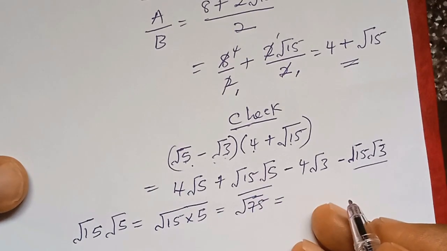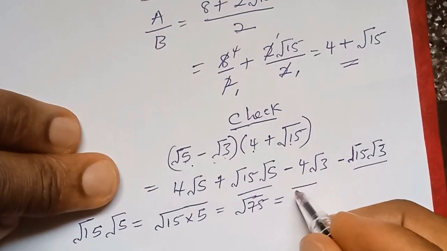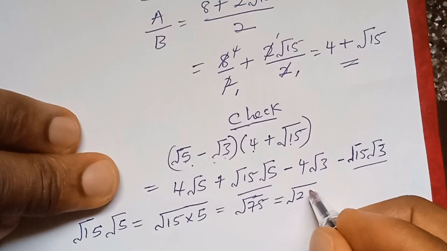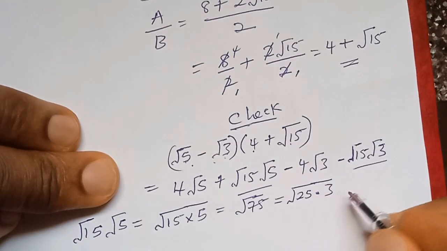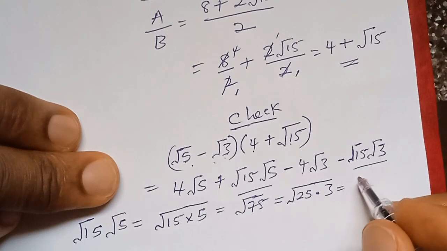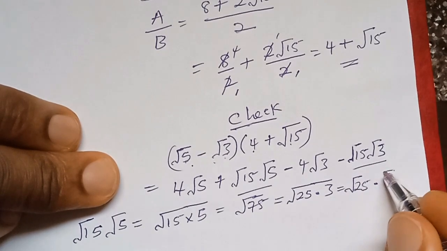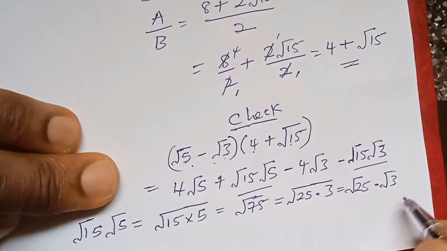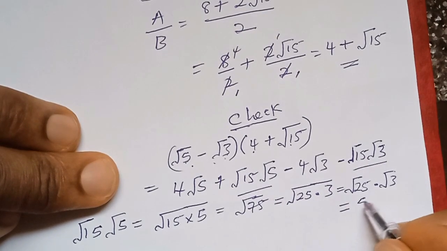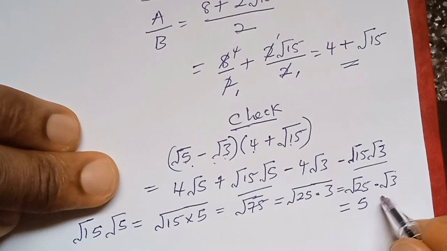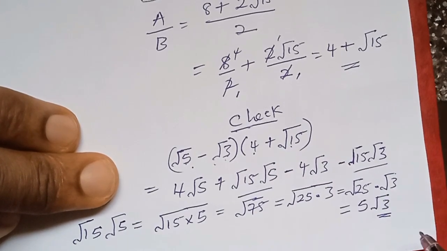And this can also be expressed as square root of 25 multiplied by square root of 3, and square root of 25 gives us 5, and then square root of 3. So these have been simplified.